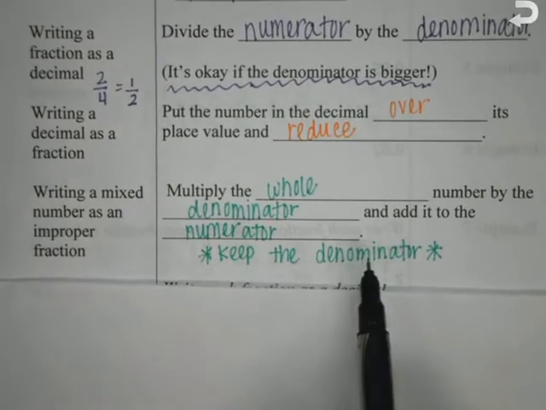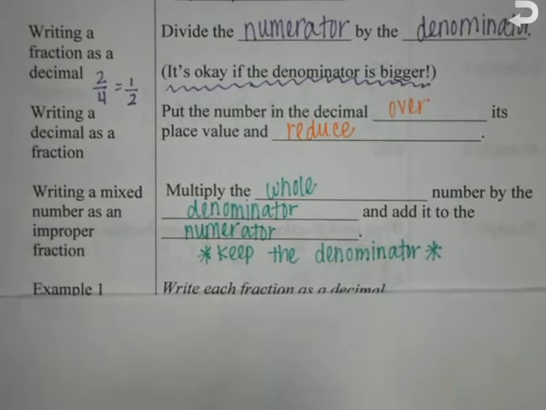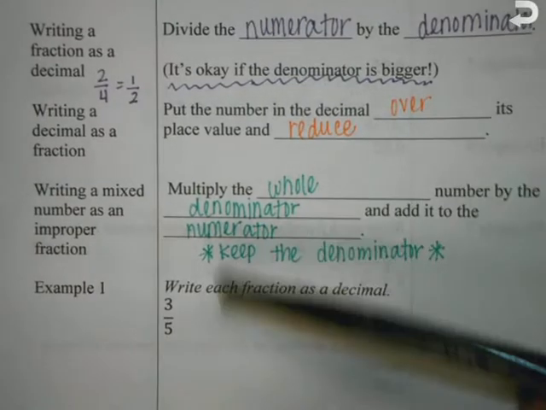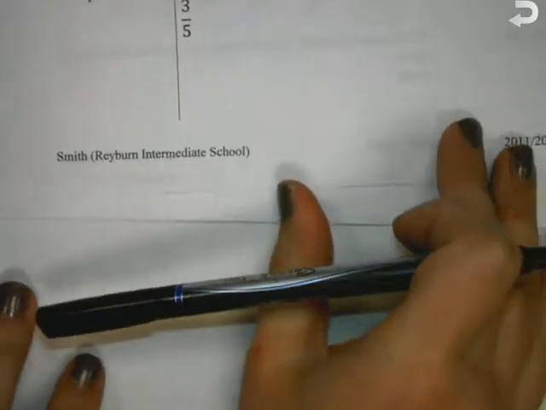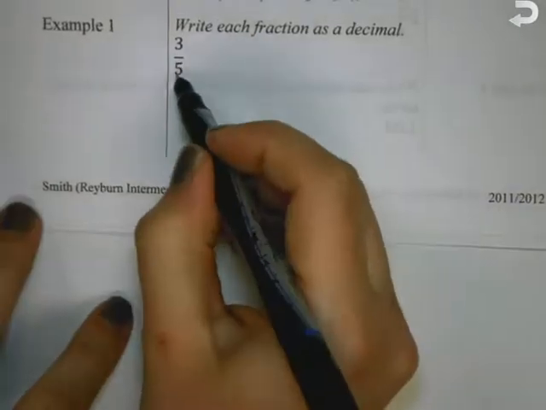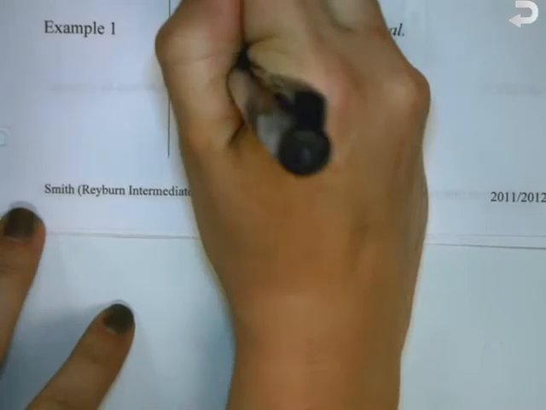Okay, so example 1. Write each fraction as a decimal. So what I need to do is I need to divide 3 by 5. So that's going to be 5 on the outside, goes into 3. So the bottom always goes on the outside.